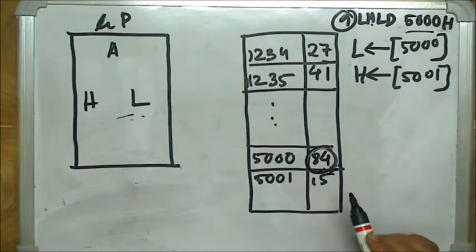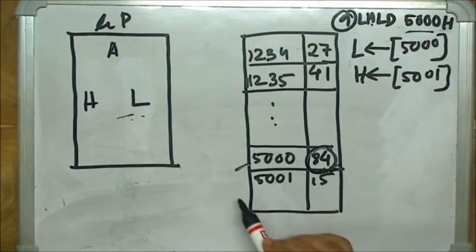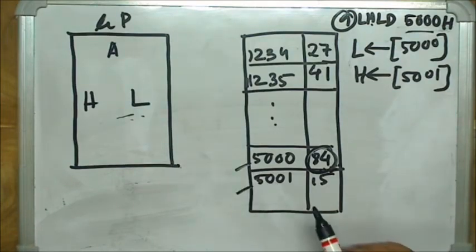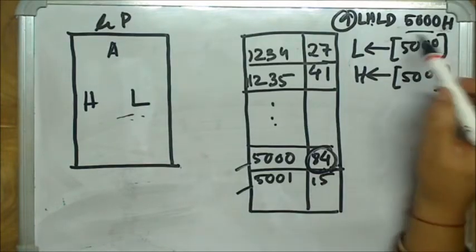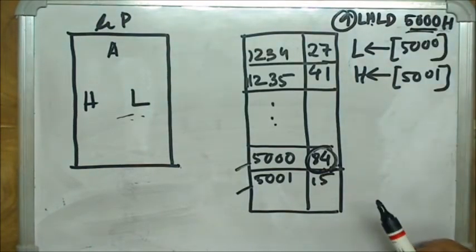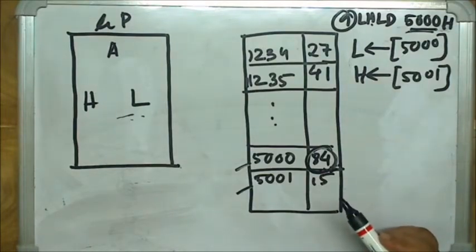Which are the two consecutive locations? 5000H and 5001H. Since they are consecutive, you don't have to write both locations in the instruction. If you write 5000H, it is understood that the next location is 5001H. So LHLD means you are loading the HL pair with data from two consecutive locations.